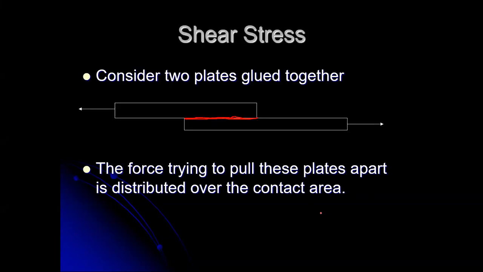Now, if we're not using glue, then we're going to have some other mechanism to handle that stress. And if you think about what this would look like, going back to the glued example for just a second, think about what this would look like if it failed. If you pulled hard enough on it so it came apart at the glued surface, you'd see every square inch of that glue exposed.